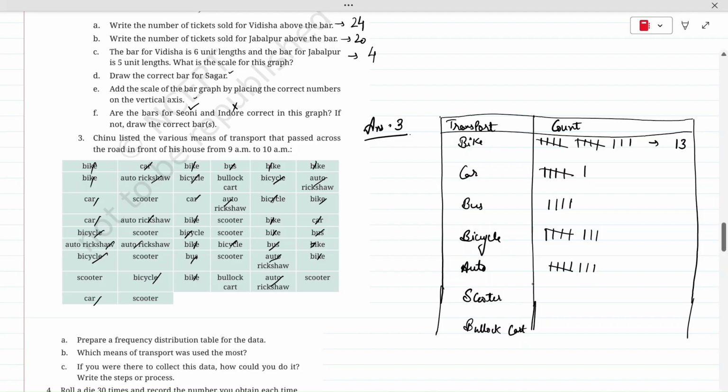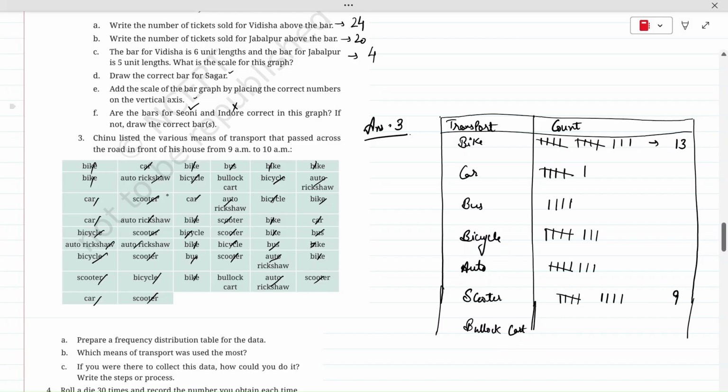Okay. Next we have scooter. Scooter is 1, 2, 3, 4, 5, 6, 7, 8, 9. Okay.